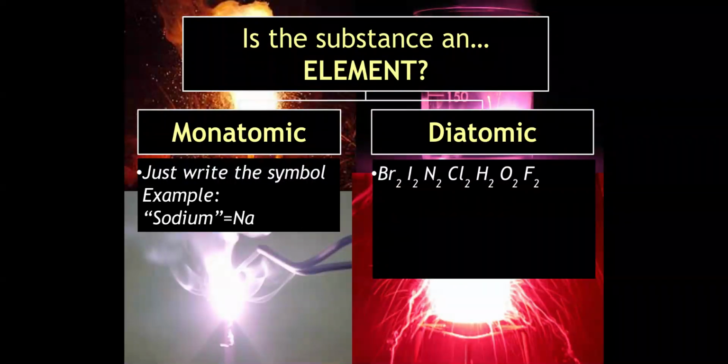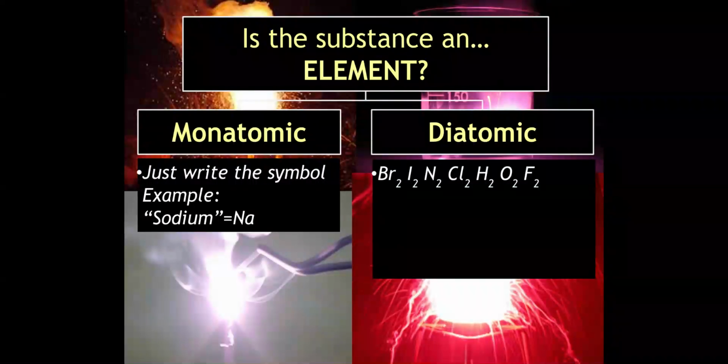However, there are some elements on the periodic table that are what you call diatomic. That means that you don't find them as just one atom. Rather, it's like two atoms together, but the atoms are identical. Okay, so it's like having two of the same thing stuck together. Now, there's a specific column on the periodic table that is diatomic.